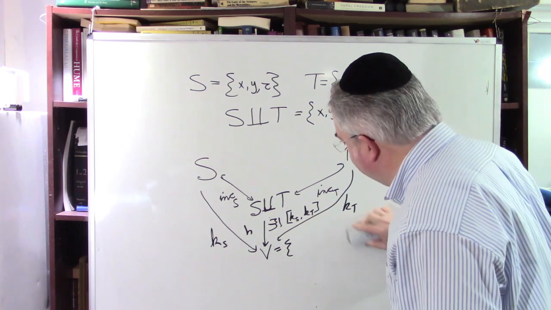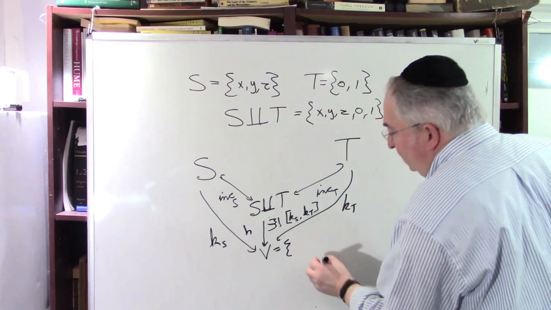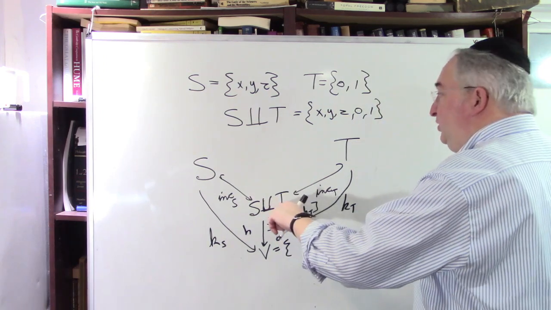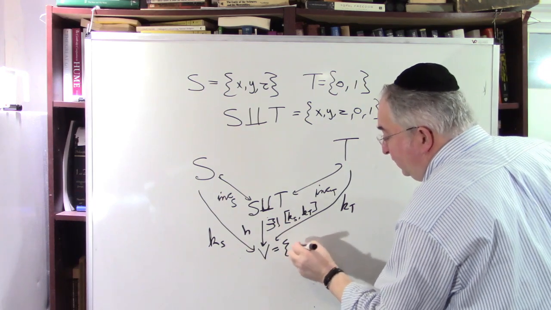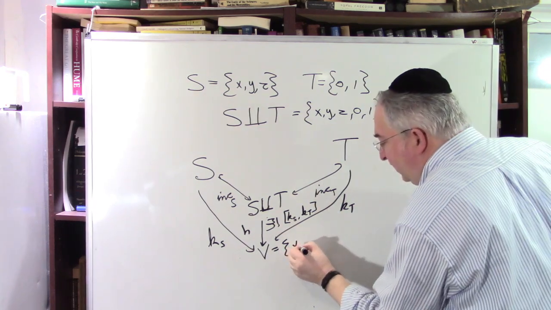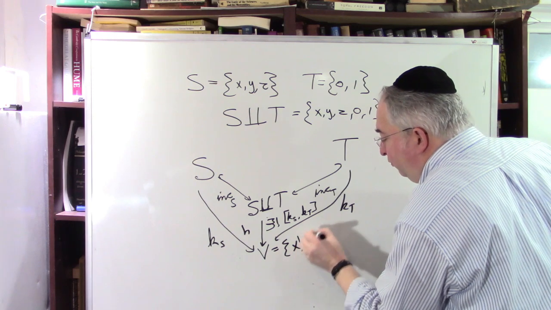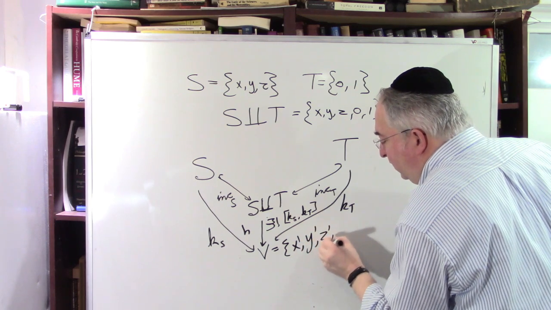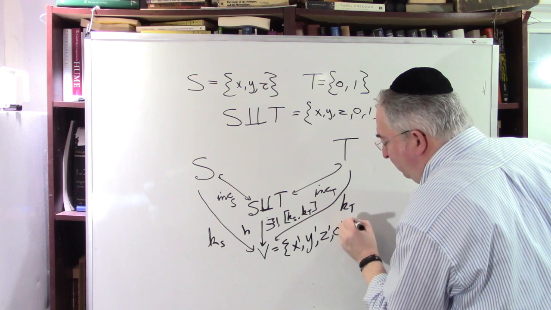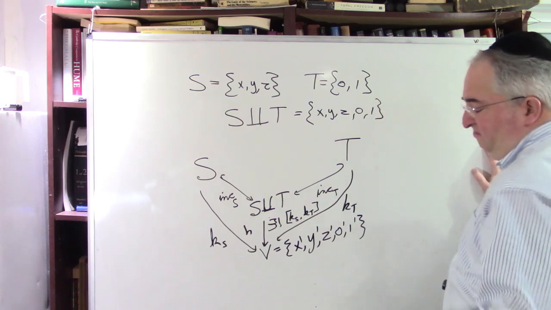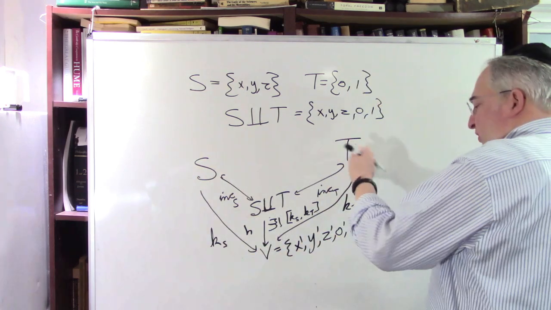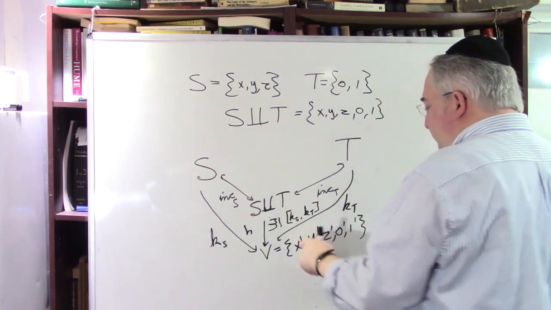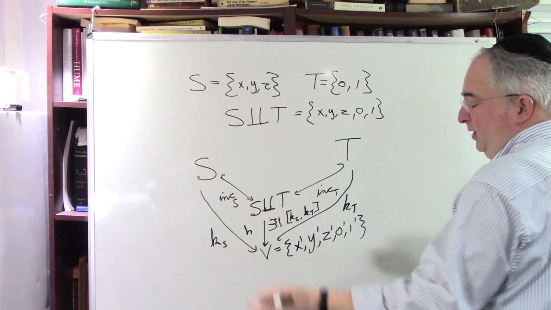V. How about this? Let's say S disjoint T has all 5 of those elements, and let's say V has different elements: X prime, Y prime, Z prime, 0 prime, 1 prime. Totally different elements. Now again, this is not an inclusion. X, Y, Z is not X prime, Y prime, Z prime.